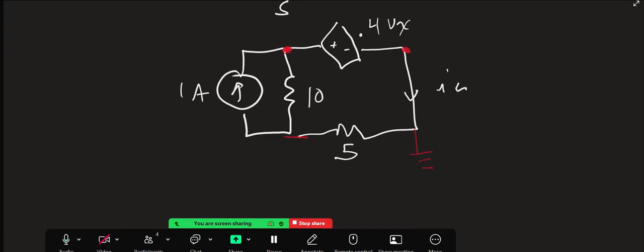Put my ground right there. Okay, and this is VA. This is VB. Vx was labeled as the voltage across this resistor right here.